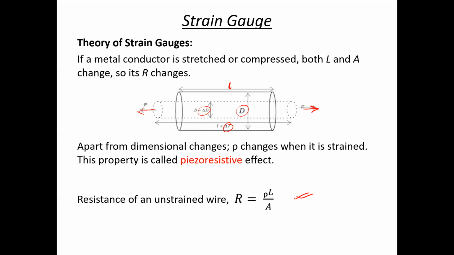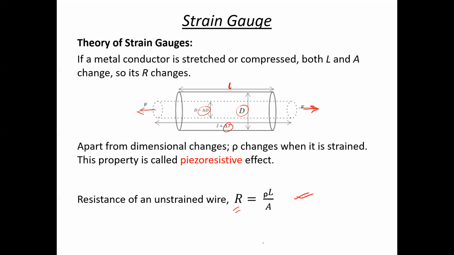This property of the material, that its resistivity changes due to applied stress or strain, is called the piezoresistive effect. So we can conclude that, due to applied stress, all three variables upon which the resistance of a material depends are varying.